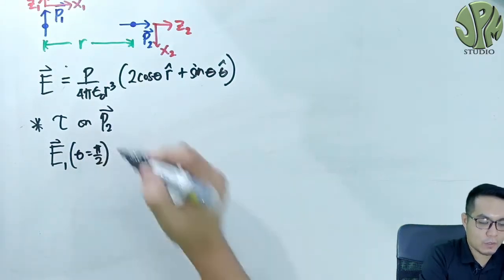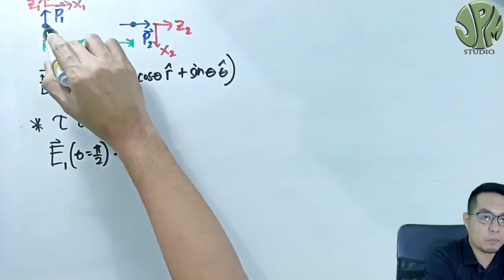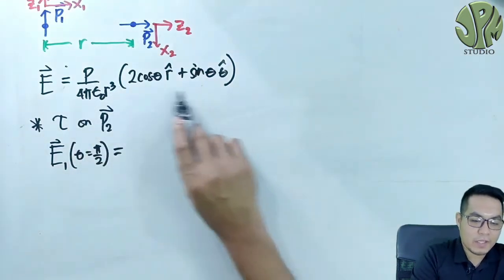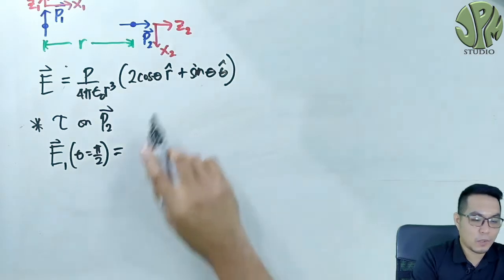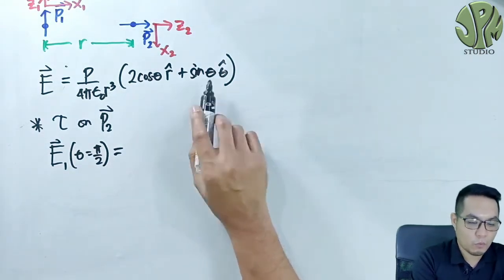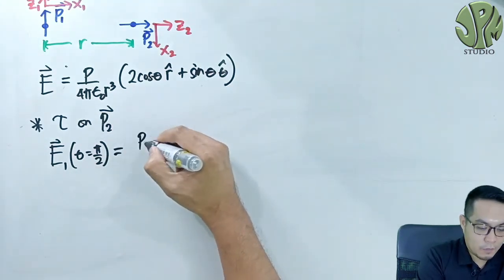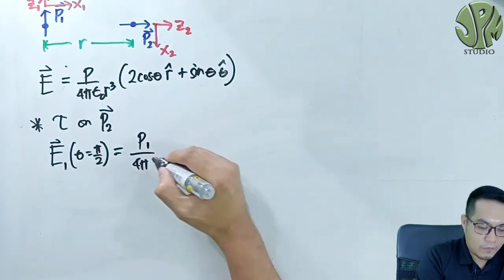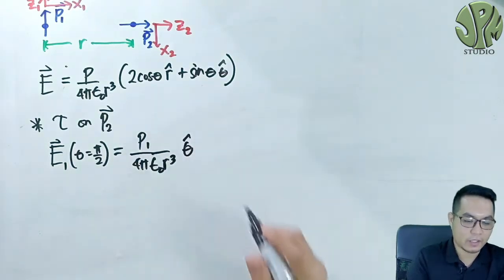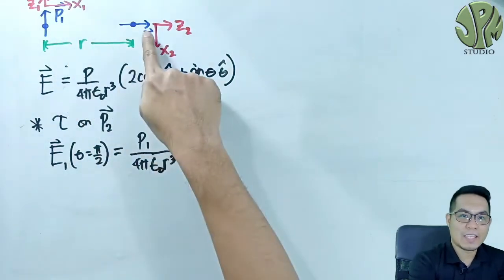So at theta equal to pi over 2, at the location of P2, the electric field of P1 is given by this. Cosine of pi over 2 is 0, sine of pi over 2 is 1. So we have only a theta hat direction: P1 over 4 pi epsilon naught r cubed, in the theta hat direction. This is the electric field of P1 at this location.